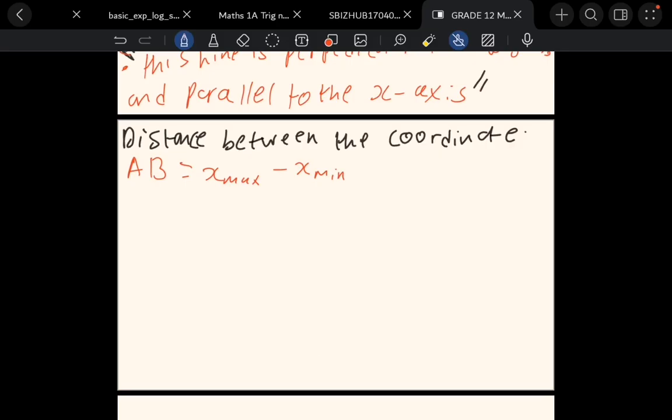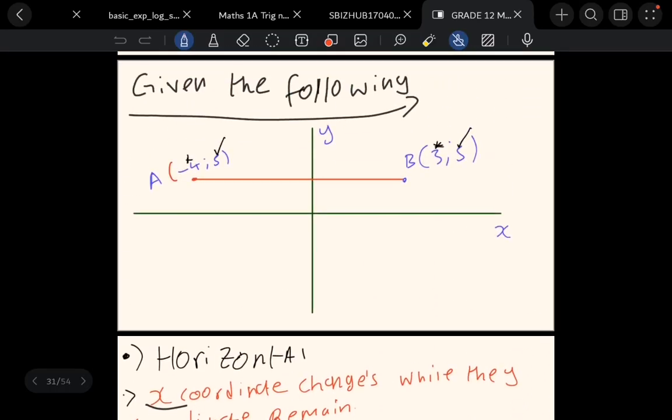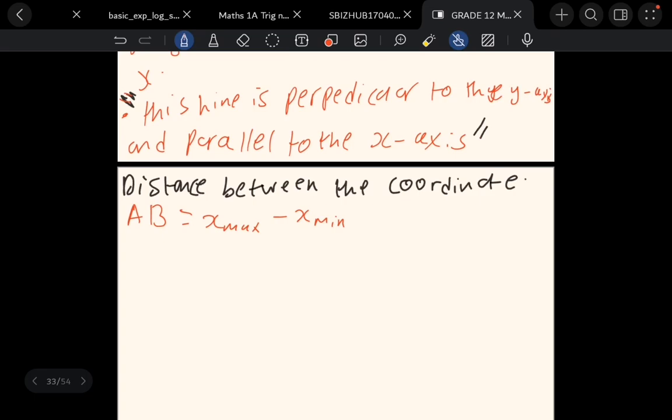Your x maximum is the rightmost x coordinate. B is your rightmost x coordinate, A is your leftmost x coordinate. So B is the x maximum.